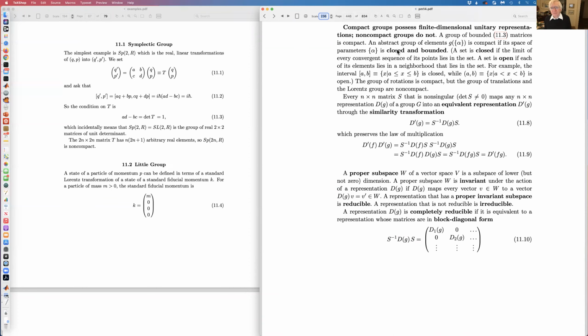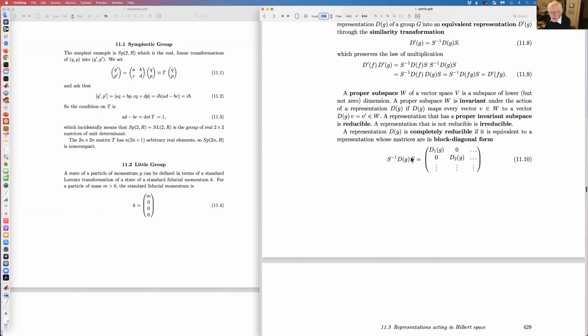Well, the point is that that's an infinite dimensional representation of the Lorentz group. Here we're talking about finite dimensional representation. So non-compact groups can have infinite dimensional unitary representations, but not finite dimensional unitary representations.